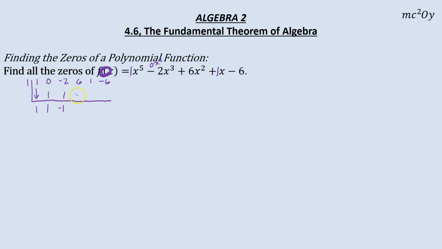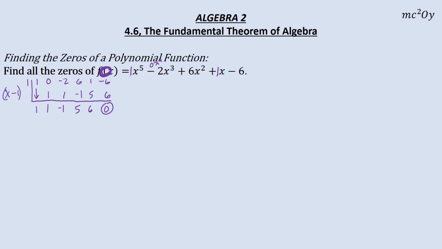1 times negative 1 is negative 1. 6 and negative 1 is 5. 1 times 5 is 5. 1 plus 5 is 6. 1 times 6 is 6. Negative 6 and 6 is 0. So this right here represents the binomial x minus 1. 1 goes into it.